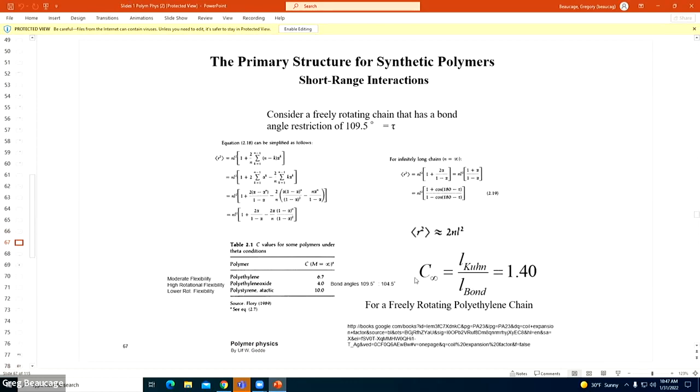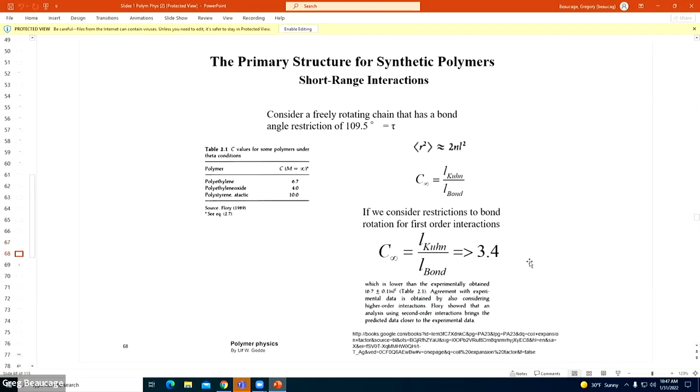Before, when I did just the no back step, I got 1.25. Using this more complicated 109 degree bond angle, you can get 1.04. If you include the gauche and trans business, you can get 3.4. The actual number is 6.7, so we're trying to approach 6.7. This is just for one bond though.